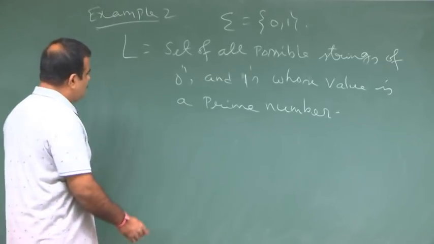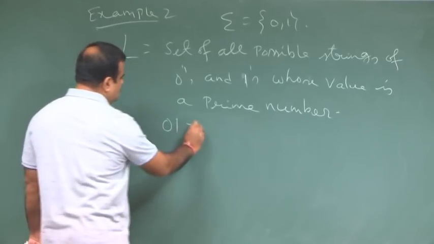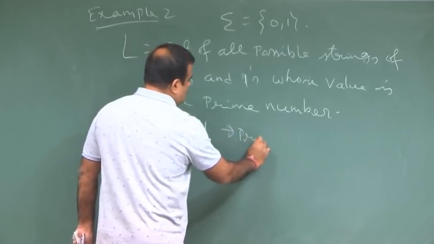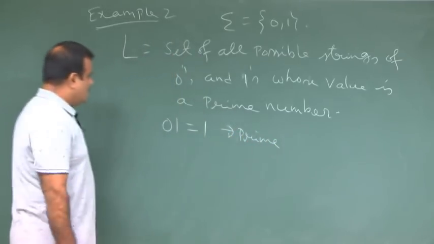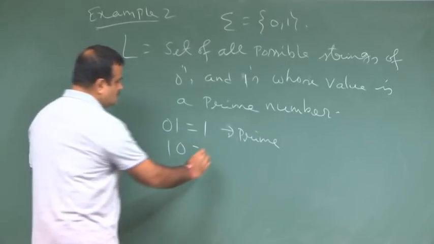So, for example, if you take 01, the value is 1. So, 1 is a prime. If you take 10, this is 2, this is not a prime.